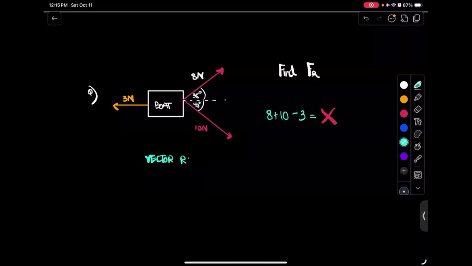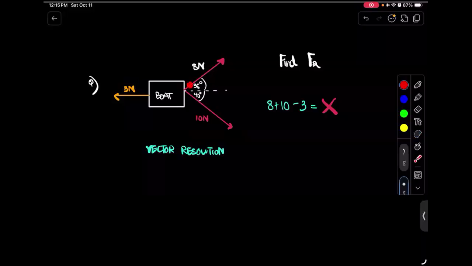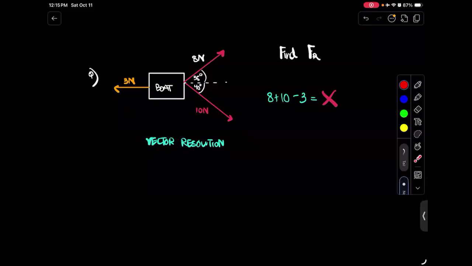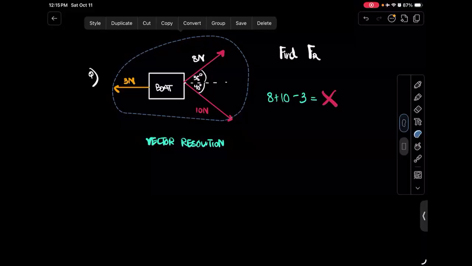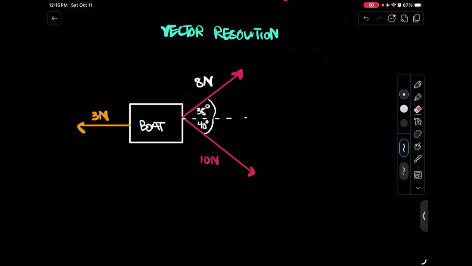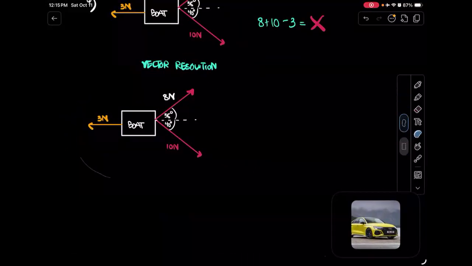The vector resolution method. So first of all, wouldn't it be easier to break your 8 newton and 10 newton into vectors of x and y? I think I could pretty easily break apart my 8 Newton and 10 Newton into parts. So let's check. In fact, let's make it bigger.